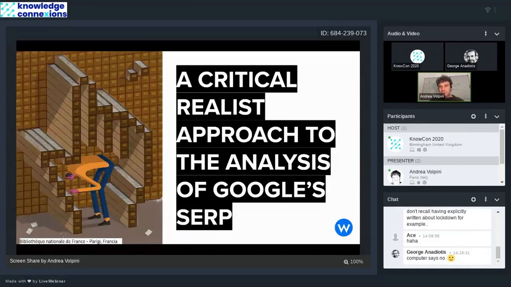But to do this, I first want to define the methodology that we're going to use, because I've seen a lot of SEOs creating correlation studies and analyzing a lot of queries.